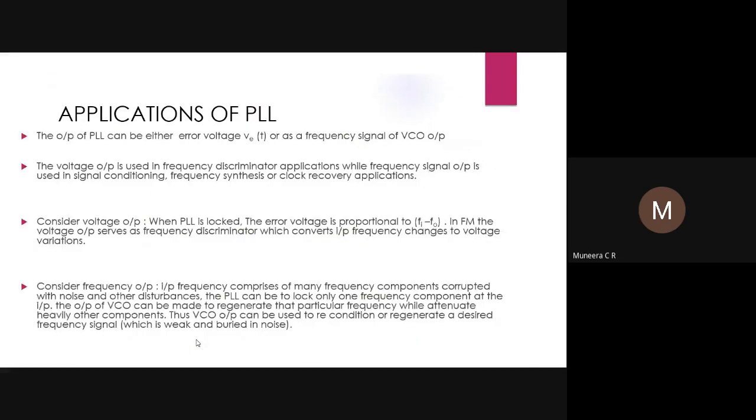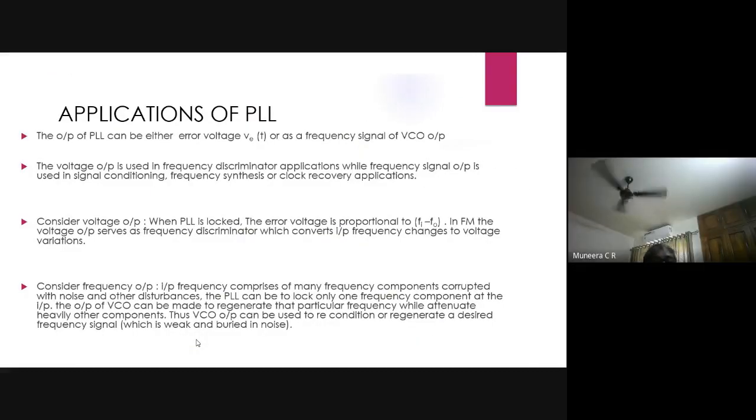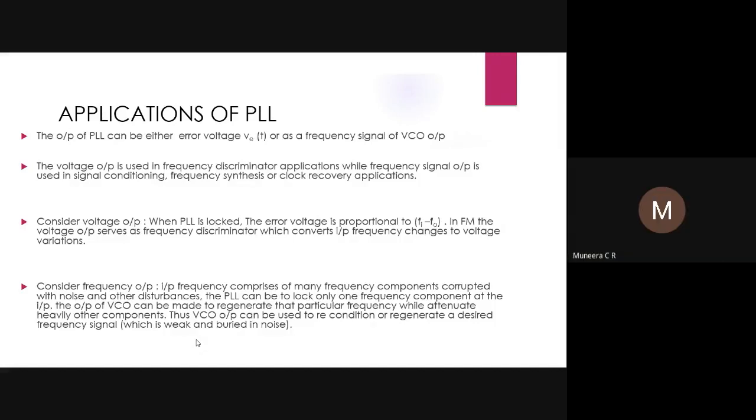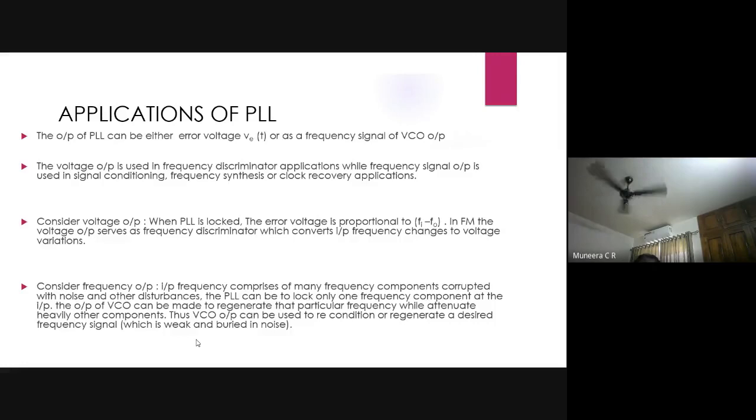Next part is applications of PLL. There are so many applications for PLL. Usually for the PLL, we take two types of output: either the error voltage V of t, that is the output of the amplifier or input of the VCO, and the second output is the frequency signal of the VCO output.